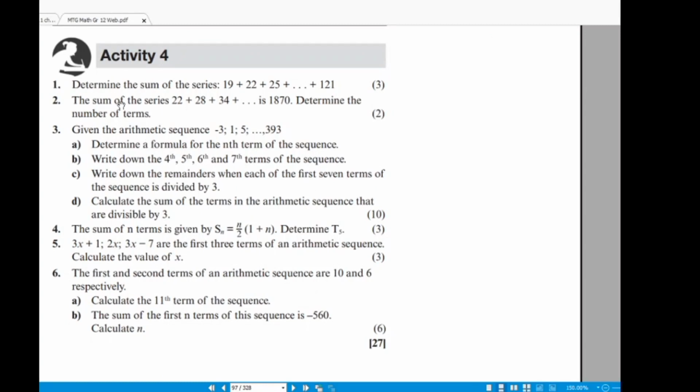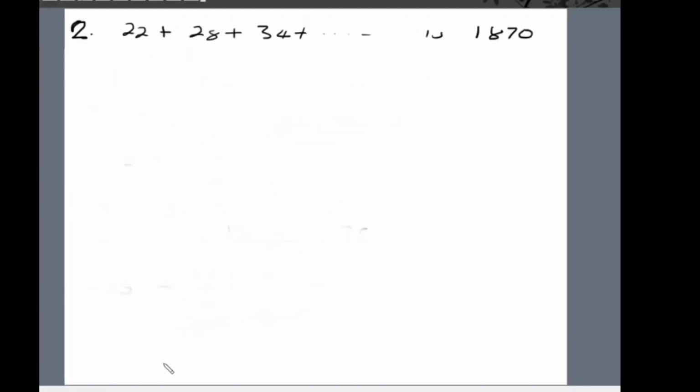The sum of these terms is 1870, but we want to know how many terms there are. Here they have given us Sn, that Sn equals 1870, so we must find n.